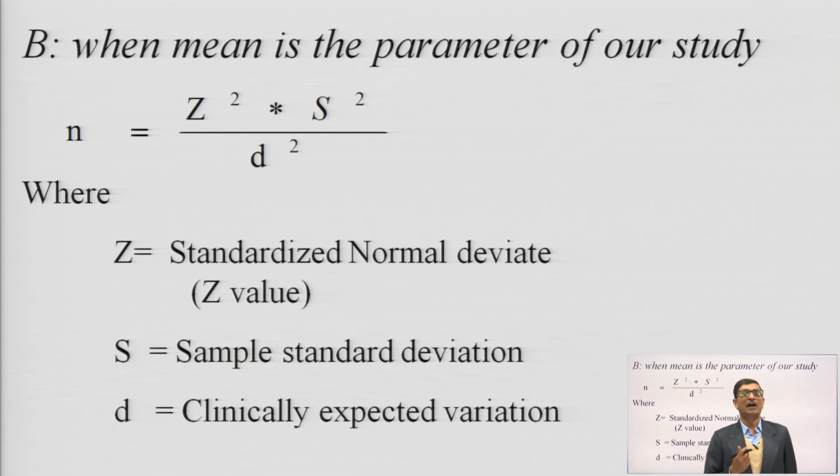For example, if we want to estimate the average height of a population, then the formula is n equal to Z square into s square upon d square, where capital Z is the standardized normal deviate as in the previous formula, s is the sample standard deviation and d is the clinically expected variation or precision.